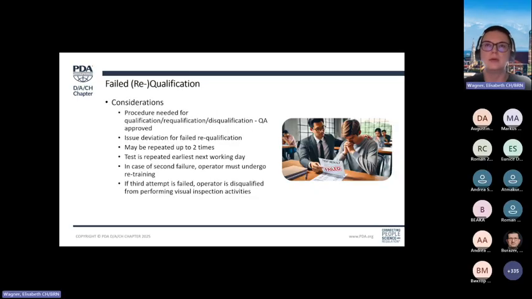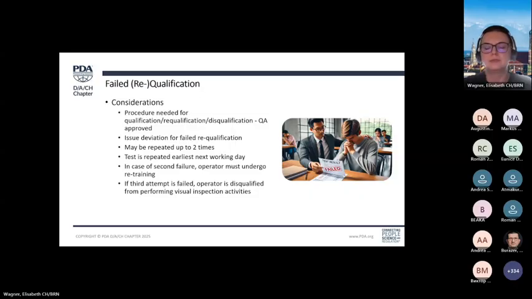So now, what happens if an operator fails the requalification? You should have a procedure for that established, and this should be quality approved. Typically, when the operator fails this requalification, then there's a possibility for a second attempt, but it's never on the same day, earliest on the next working day.